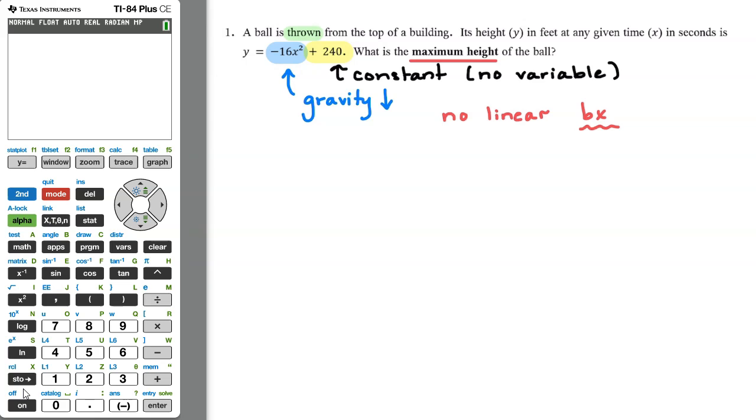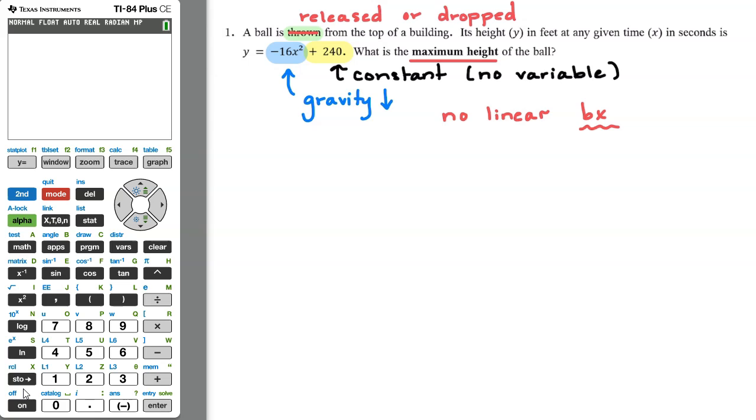What this means is that the human or the machine, whoever it is that's throwing the object at the top of the building, they are not supplying any additional velocity. So there is no effort upwards or downwards other than just gravity. With the absence of this linear term, that middle term, we might choose to describe this object as being released or dropped, because it isn't exactly being thrown.